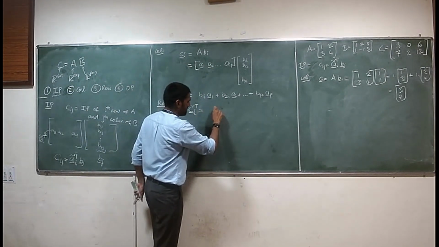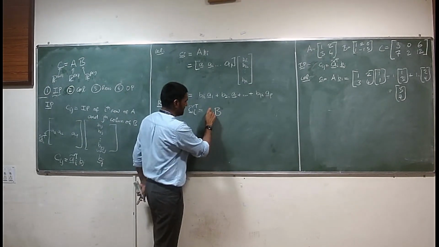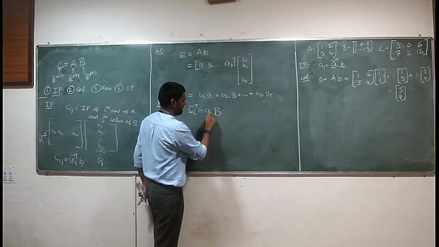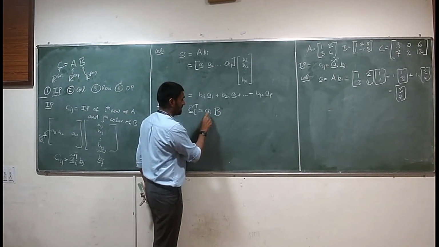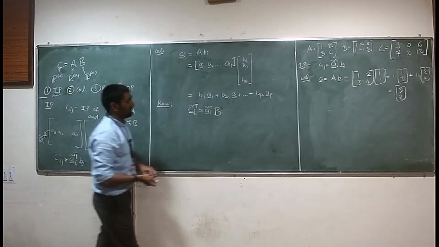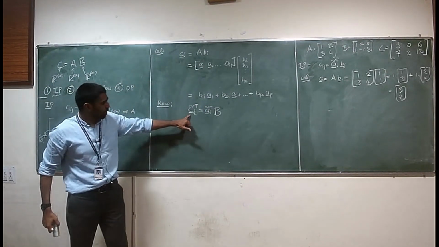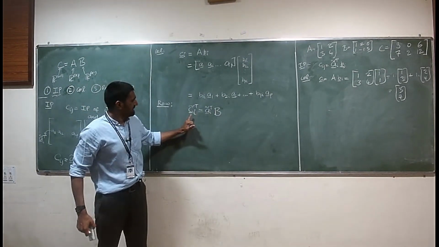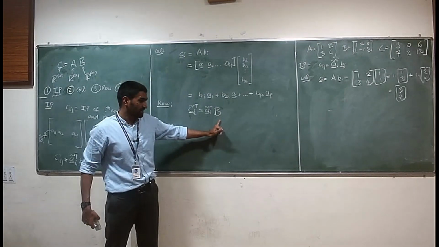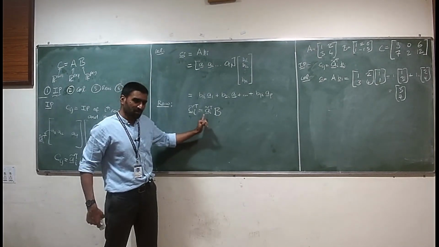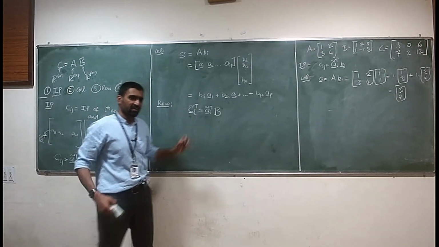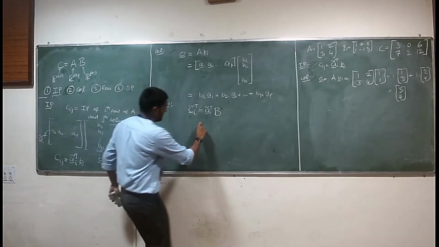Here, B, A, what? I. It cannot be the ith column. Yeah. So the ith row of C is nothing but the linear combination of the rows of B, and the exact mixture for the linear combination comes from the ith row of A. Let's write this down again.